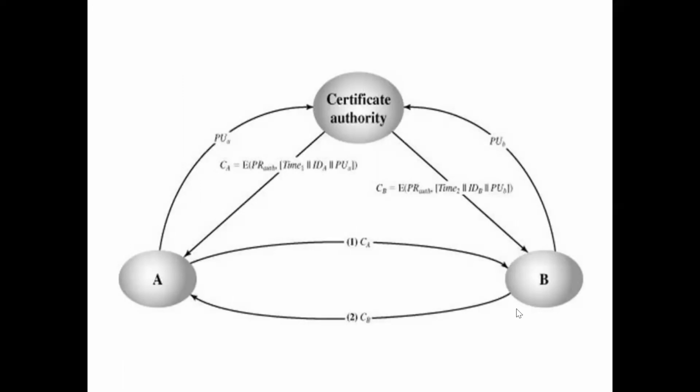The initiator sends a request to the certification authority using the initiator's public key: I want to communicate with the responder B, please issue the certificate.